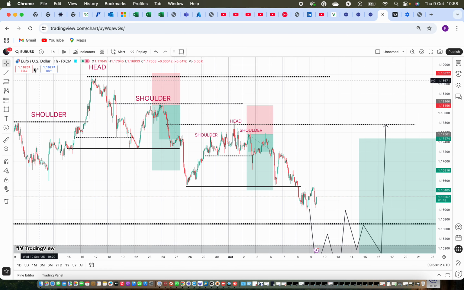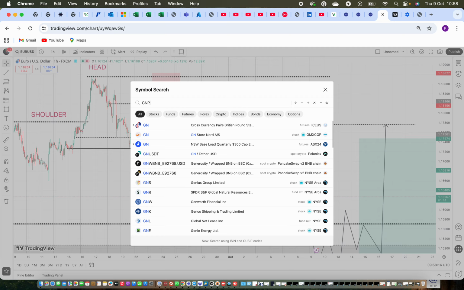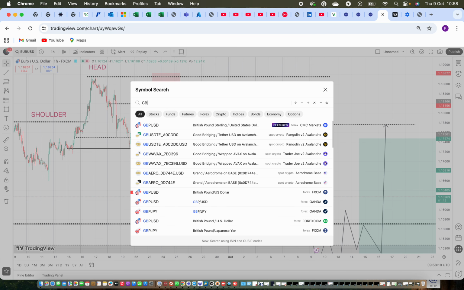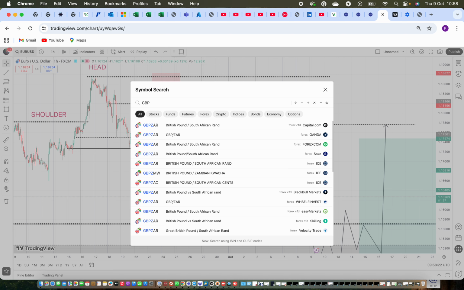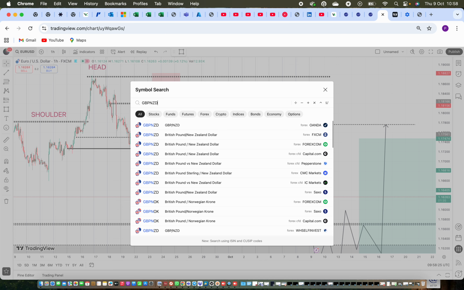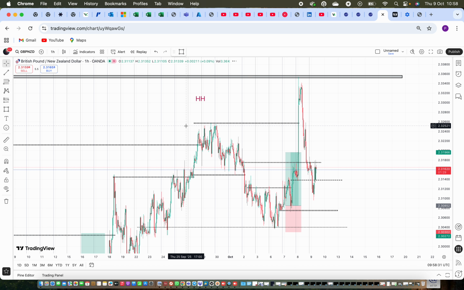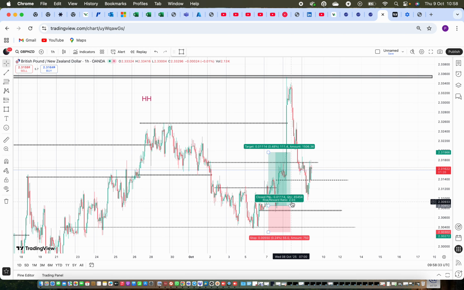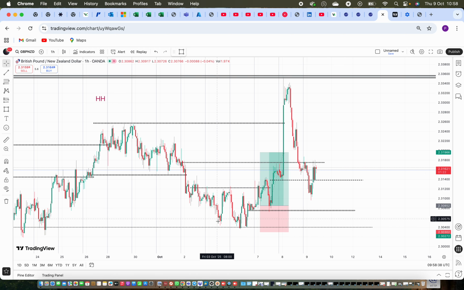Now let's look at another pair, which is GBP/NZD, which I also used this pattern to catch a buy entry. We can say this is the entry. We saw how price was trading down.